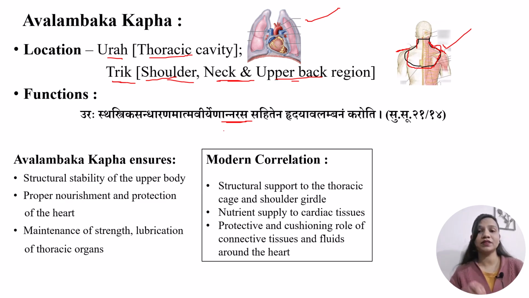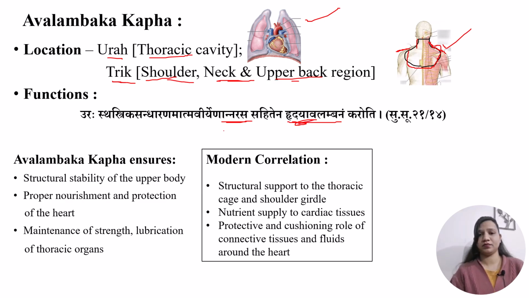Along with that nutritive essence, this Avalambaka Kapha supports, protects and maintains the heart, which is called in Ayurveda Hridaya Avalambanam. So the main function of Avalambaka Kapha is Hridaya Avalambanam. Okay.